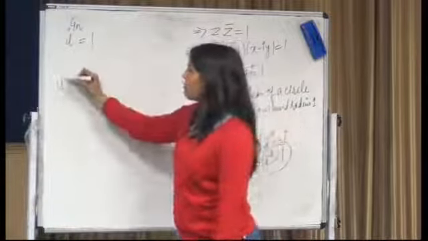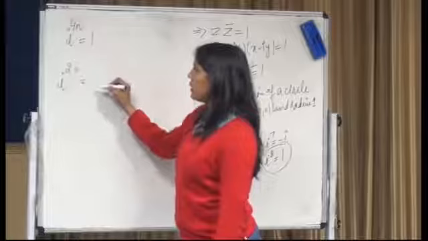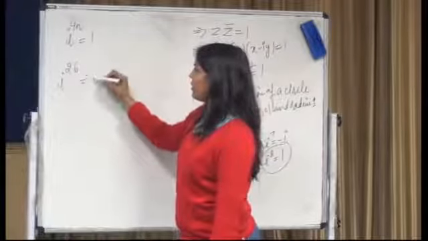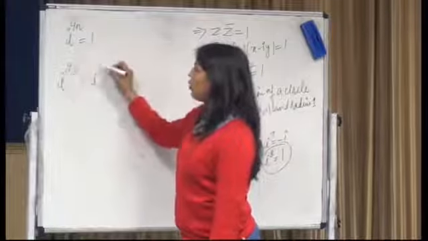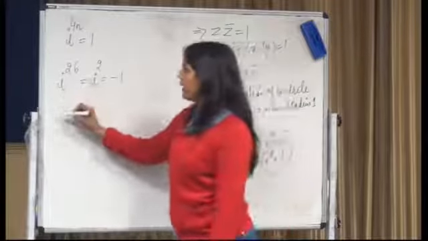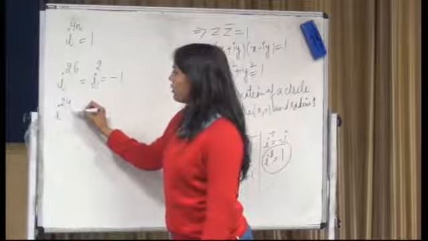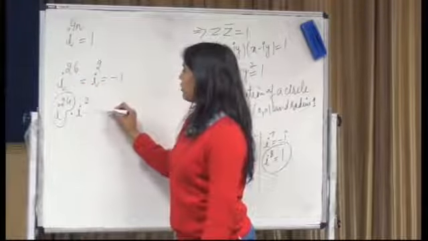Like if I ask you iota to the power 26, don't be in a hurry. You can break it as 24 plus 2, so iota to the power 24 will be 1, so the answer is -1.